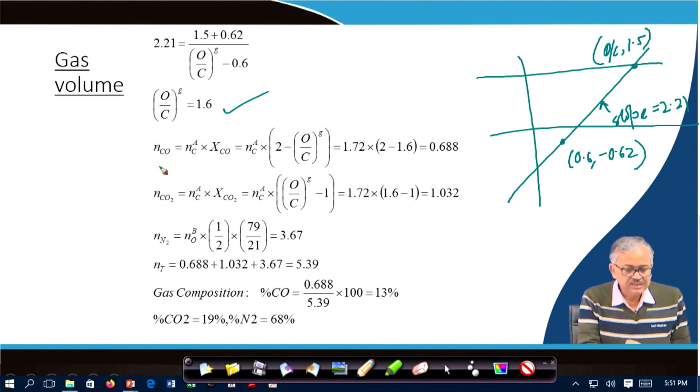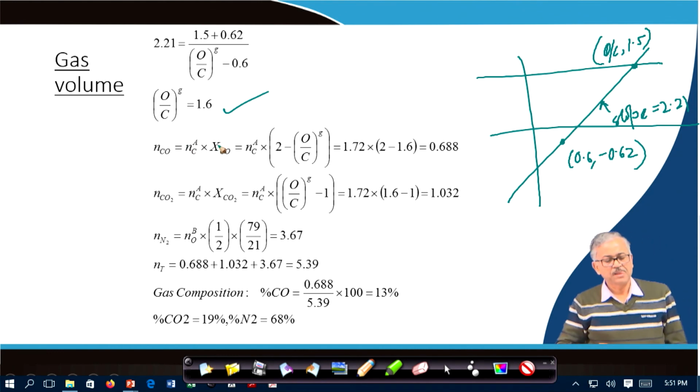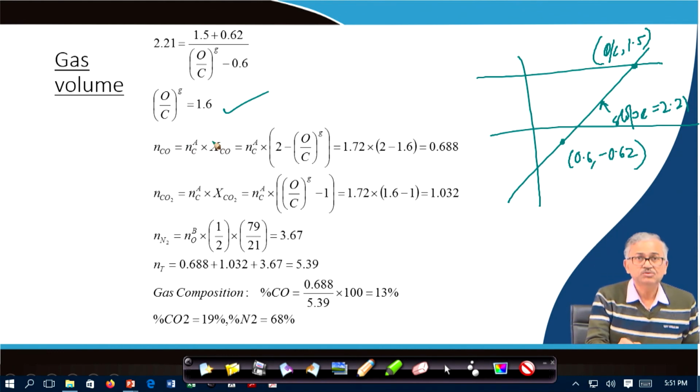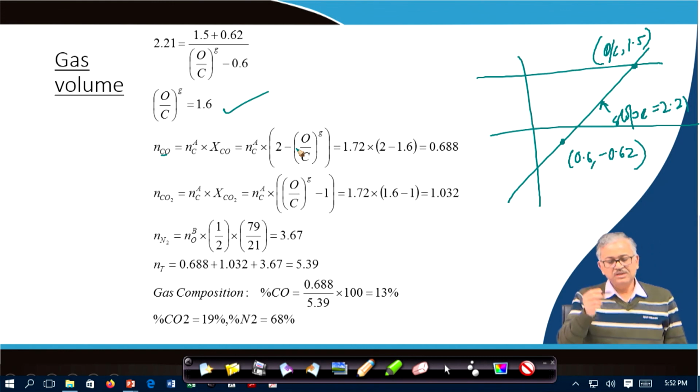O by C in the gas you know, so you can calculate the moles of CO. Basically, total moles: there is the kg mole of carbon into the mole fraction of CO. So, the mole fraction of CO multiplied by the moles of carbon gives the moles of CO that is present. And XCO again can be written in terms of O by C like this, as we have done in the last class.